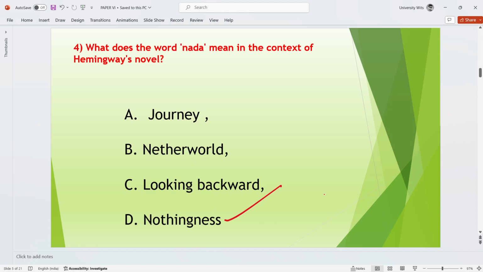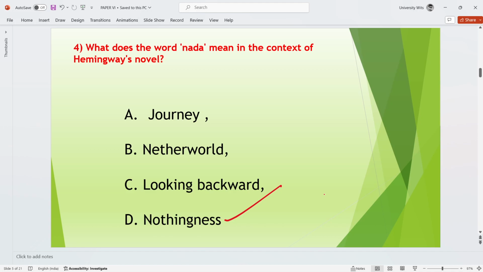And in Hemingway's short story, A Clean, Well-Lighted Place, this is the work by Hemingway, it is used repeatedly, particularly by the older waiter, to present a sense of emptiness and lack of inherent meaning in life.